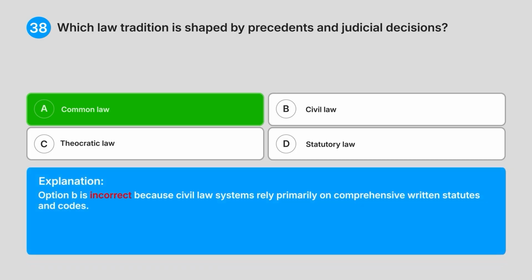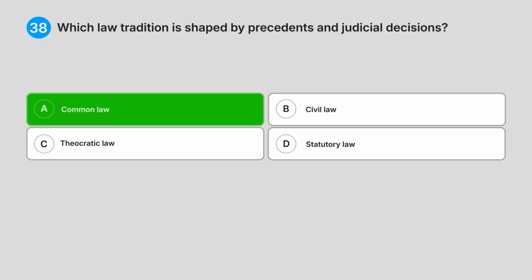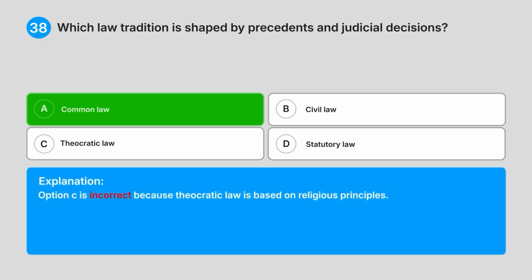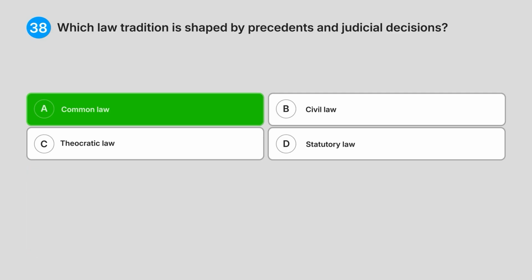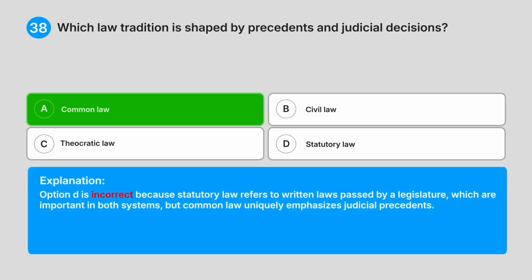Option B is incorrect because civil law systems rely primarily on comprehensive written statutes and codes. Option C is incorrect because theocratic law is based on religious principles. Option D is incorrect because statutory law refers to written laws passed by a legislature, which are important in both systems, but common law uniquely emphasizes judicial precedents.